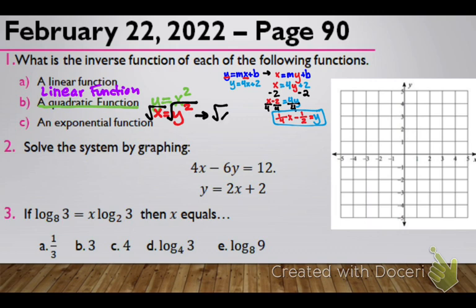And that would give me square root of x equals y. So I switched my x and y values. I solved for y. And this one I got a square root function.